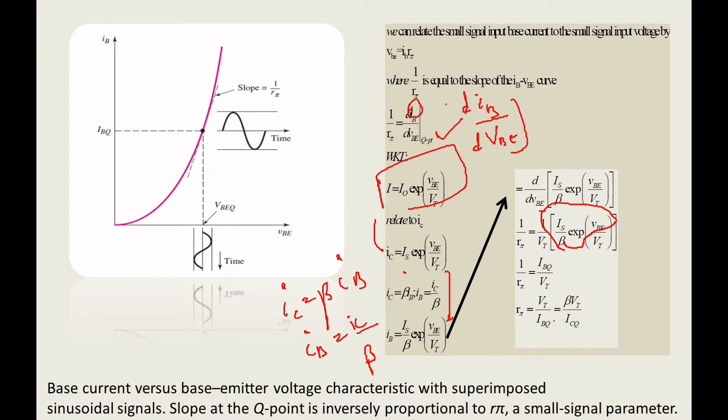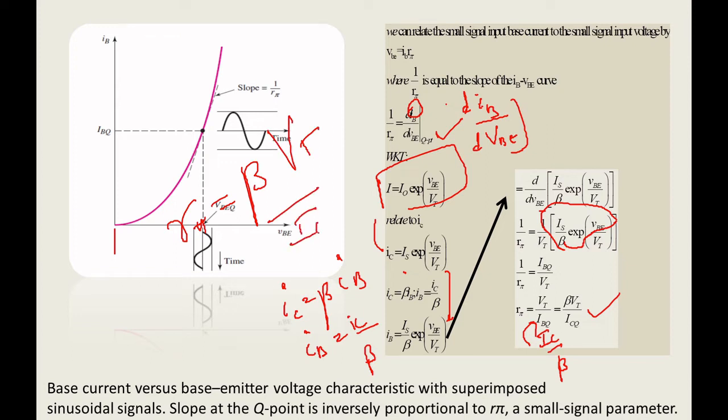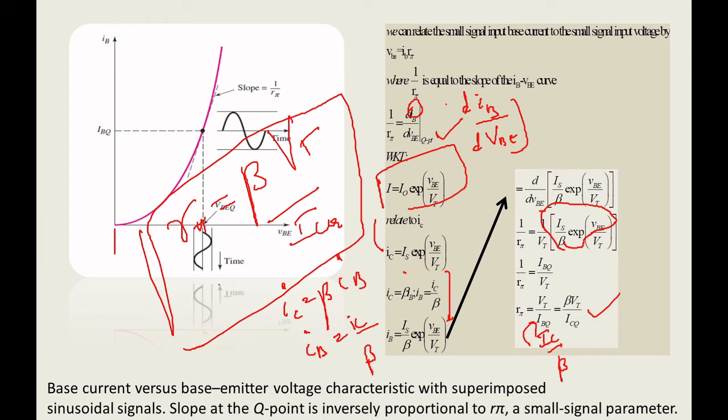You know the relation of IBQ: IBQ is nothing but IC by beta. If you substitute here, the beta will go to the numerator, giving beta VT by ICQ. So the final thing is R pi. The R pi is nothing but beta times VT by ICQ. Remember this equation, very important to solve your numericals. So R pi is nothing but beta times VT by ICQ.